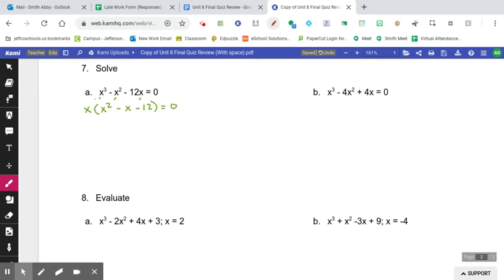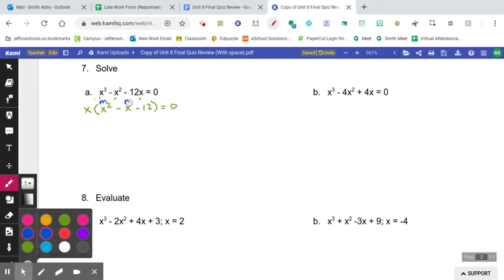Okay, now I'm going to use my MAM. So let's see here. I'd have an x and an x to get x squared. To multiply out to 12, I could do 1 and 12, 2 and 6, or 3 and 4.